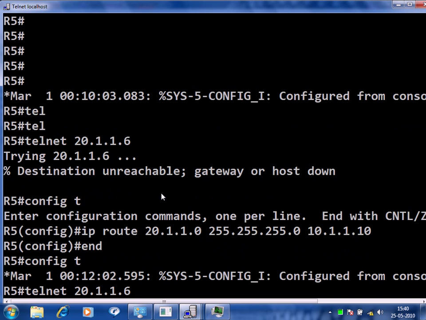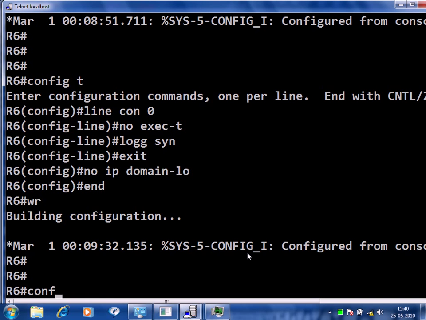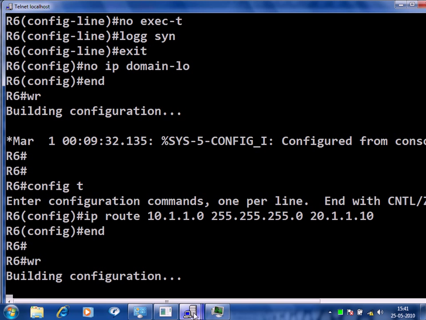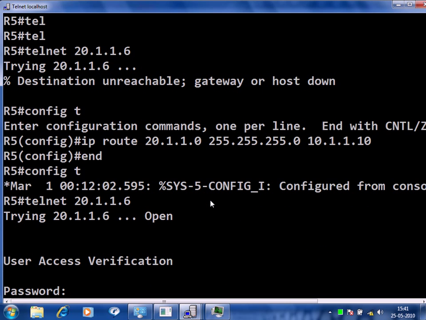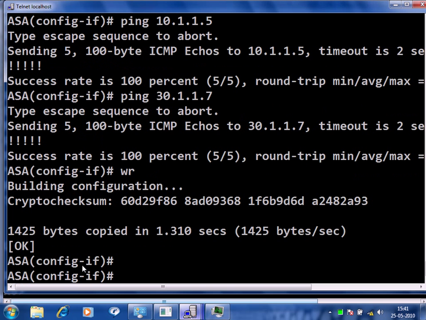Okay, now I need to give the route to R6 as well. ip route 10.1.1.0. Okay, done. Now let's try telnet with password cisco. Now let's go to the ASA.